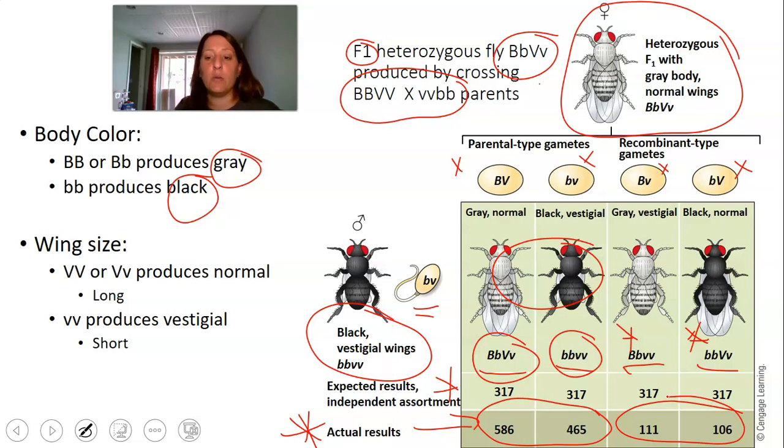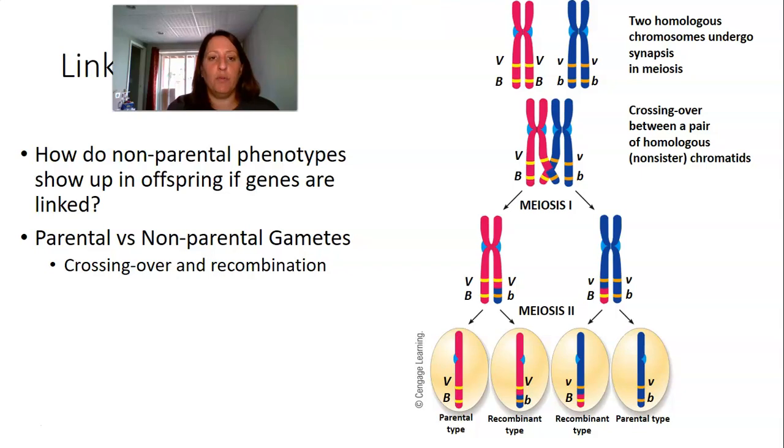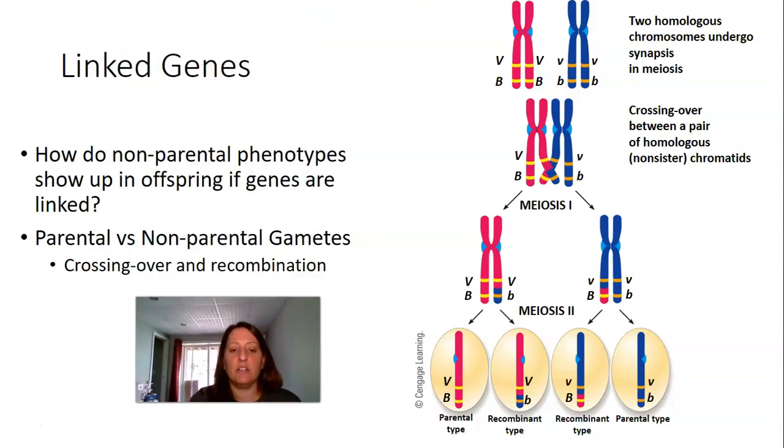The response was, those must be the result of crossover and recombination. So these gametes right here are the result of recombination, and we call those the recombinant type. Now with this data, you could actually figure out the distance on the chromosome between the B and V gene. But before we do that, let's look back at meiosis.